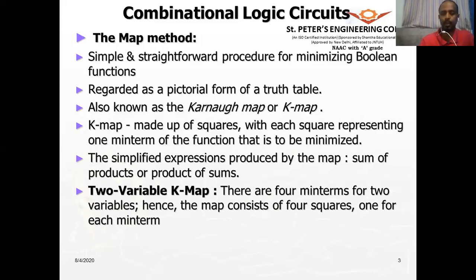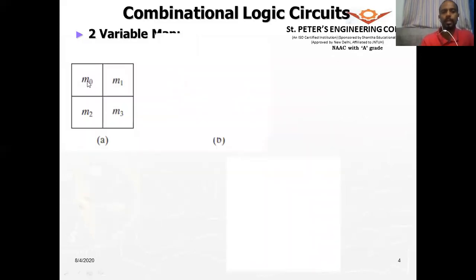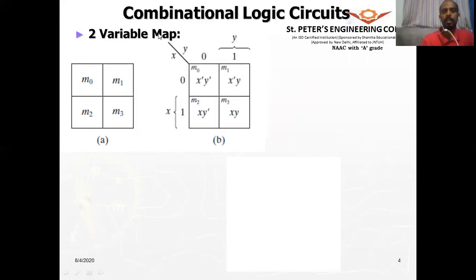Now, how those squares are written down, there is some rule in writing down. So let us look at how we write it down. So this is how we write down the first minterm M0, M1, M2, and M3. Now, how did we arrive at this combination, or how did we arrange in this fashion? We know the two variables are x and y.